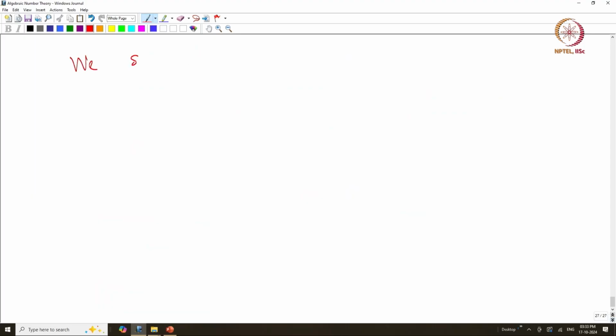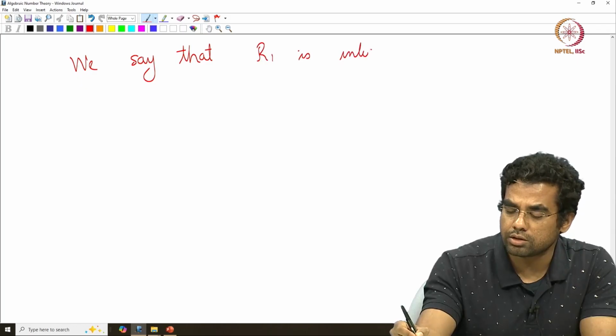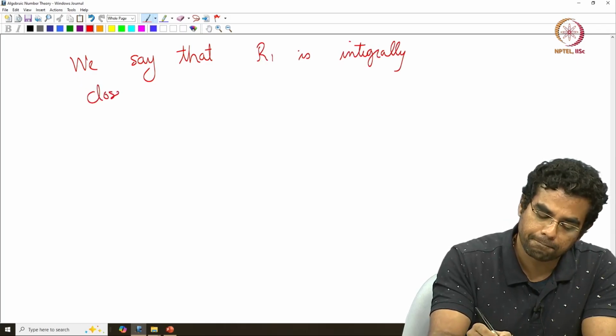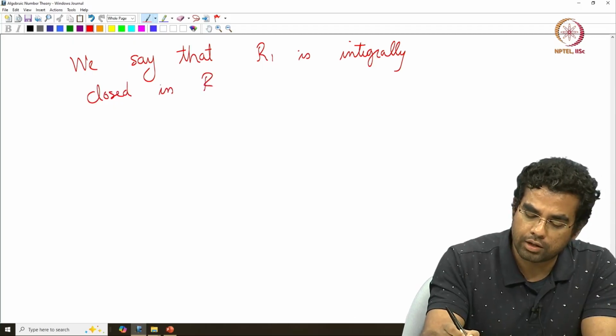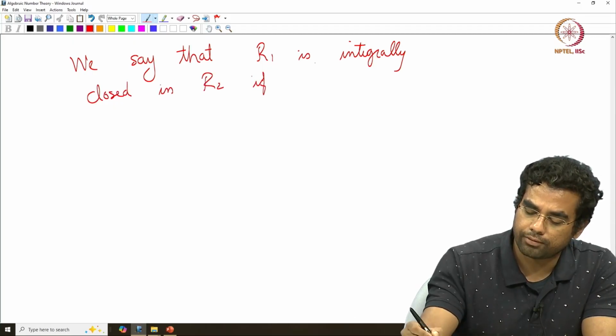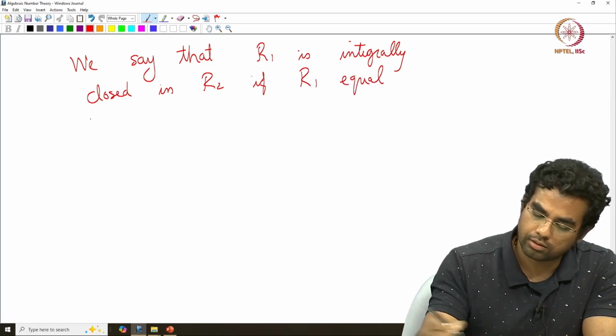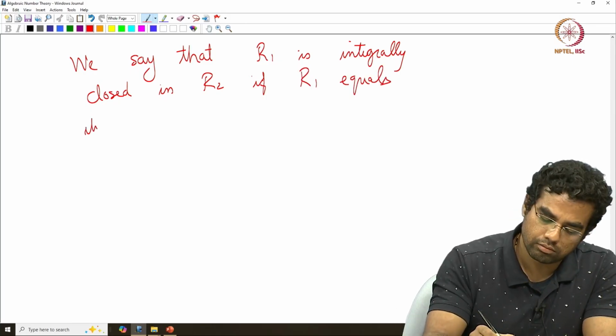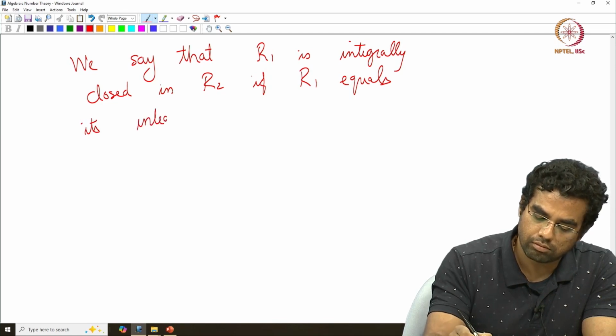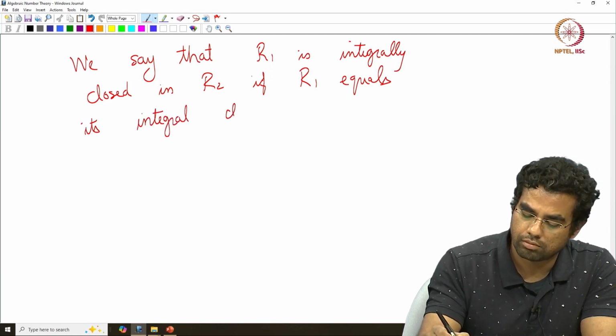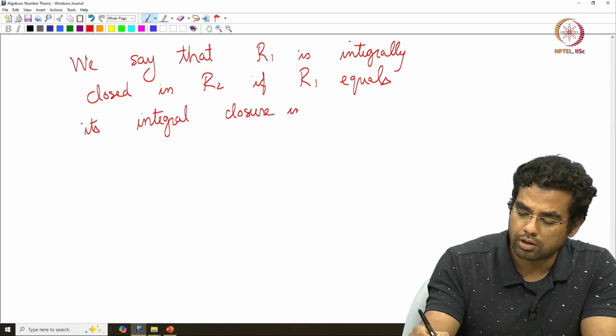And so, what it means to be integrally closed: we say that R1 is integrally closed in R2 if R1 equals its integral closure in R2.